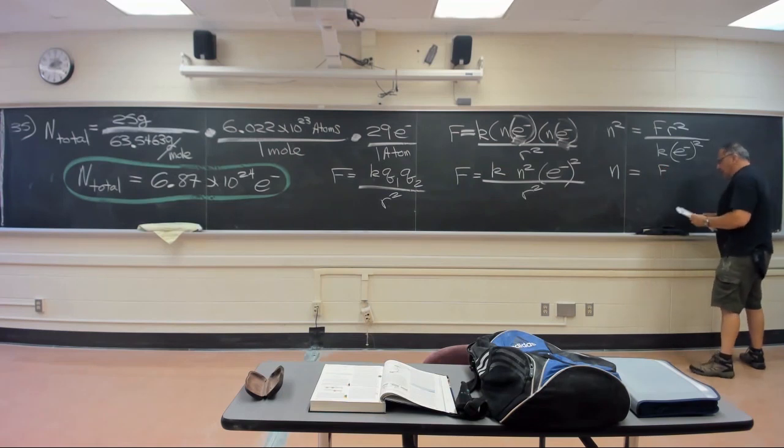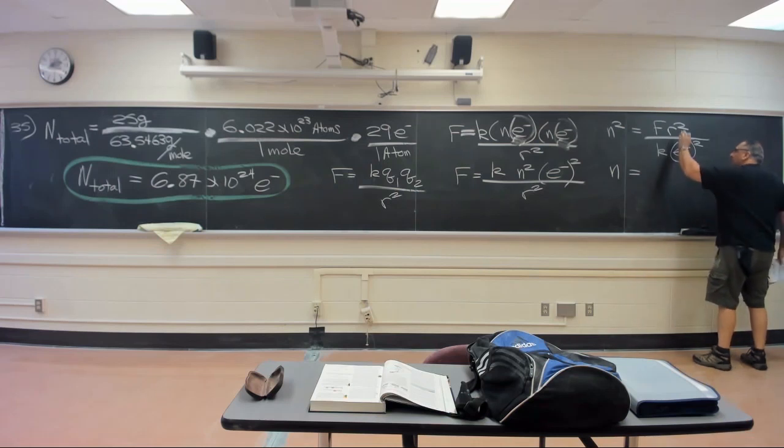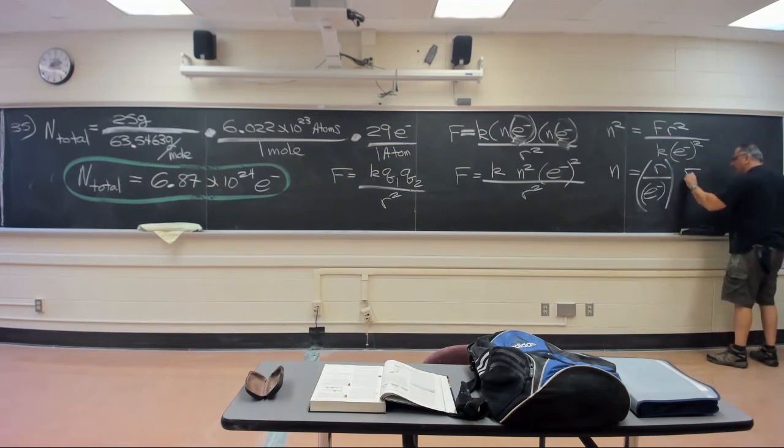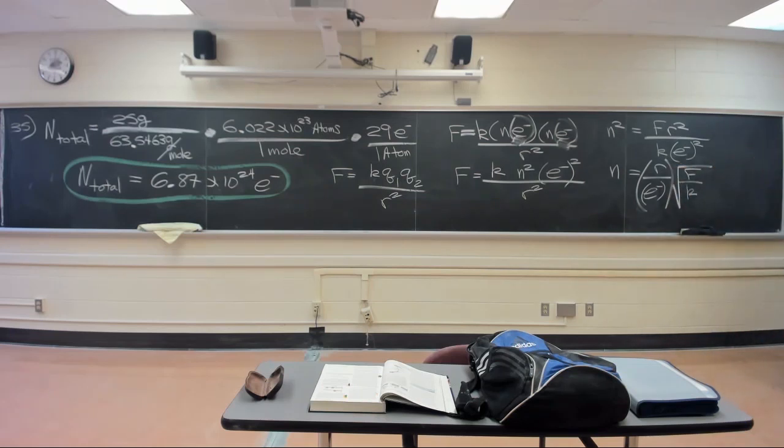There are a lot of ways to write this. I wrote it different ways here. If I square root this, the square root of R squared is R. The square root of the charge on the electron squared is just the charge on the electron. So just leave that. You genuinely can't get away without the square root being present. And that's it.